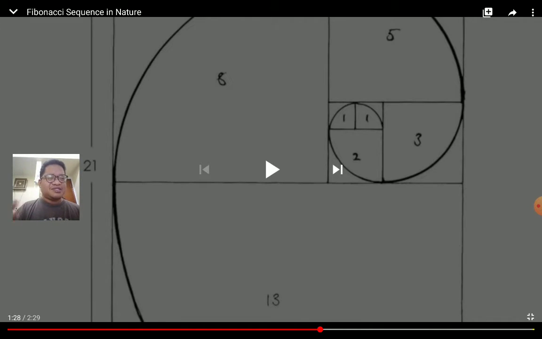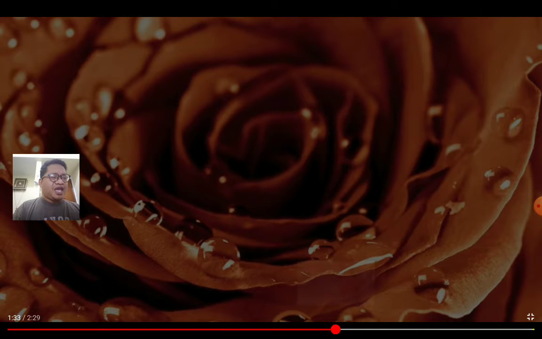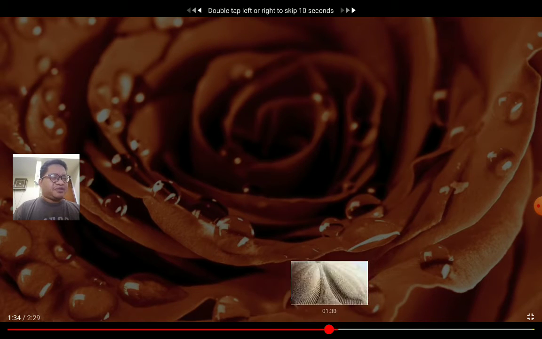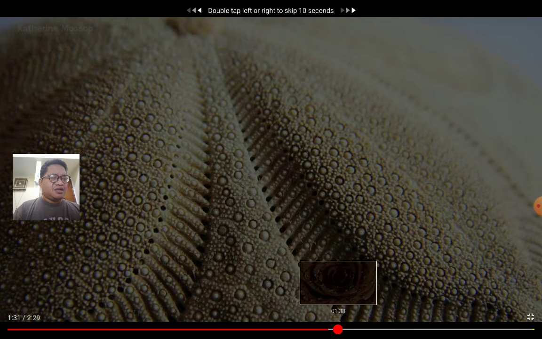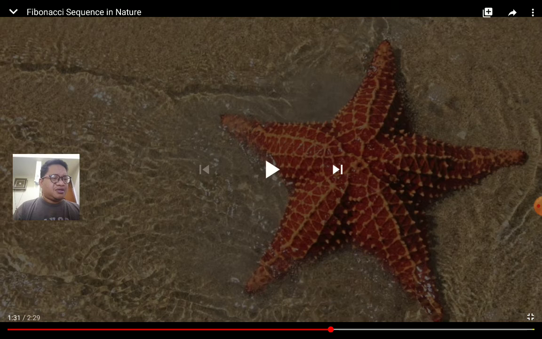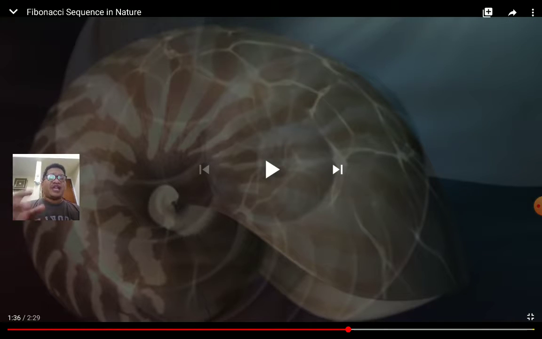It's very amazing. So that's really important. Here I have the sun, see? Look at that. Isn't it so beautiful? And all of this follows the Fibonacci sequence.